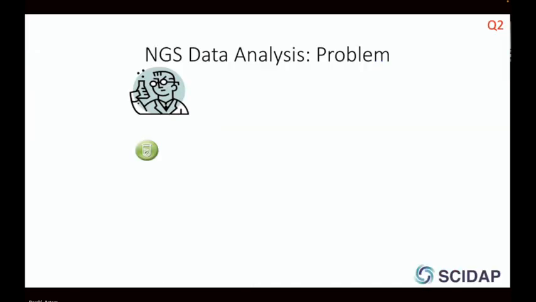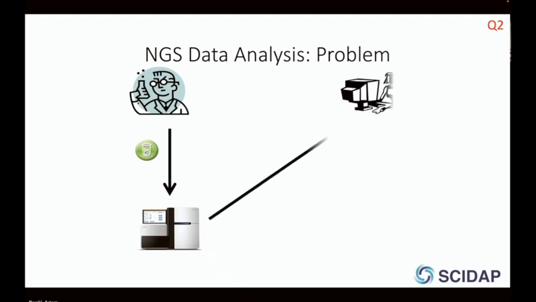So let's start with why do we need the platform? What is the problem that we're trying to solve? Most of the biologists are at least reasonable in doing experiments. So we can make libraries, we can send them to sequencing, to Dave Core, and then what do we do with the data?